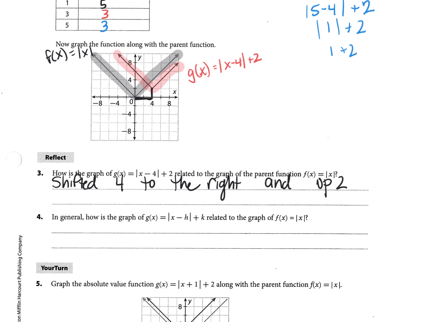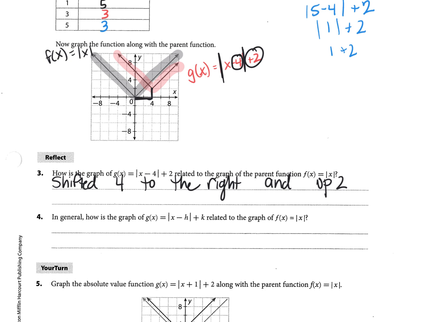Where do you see the numbers 4 and 2 represented in the g of x function? Here and here. So if it's inside those absolute value bars, if you subtract 4, it's going to shift 4 to the right. And if you add 2, it's going to go up 2.